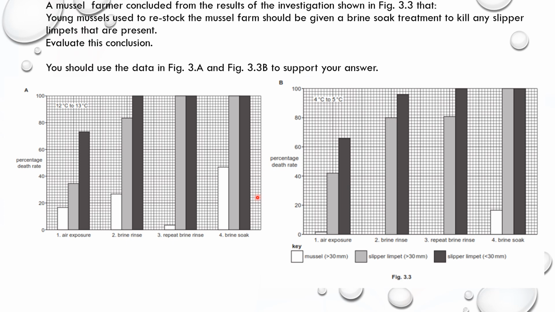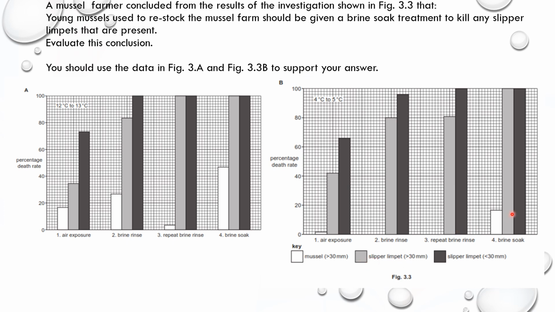If you look at brine soak, for 4 degrees to 5 degrees, you see that brine soak killed all the limpets. Can you see, it killed all of them? The black one is slipper limpets greater than 30, and the blue one is less than.